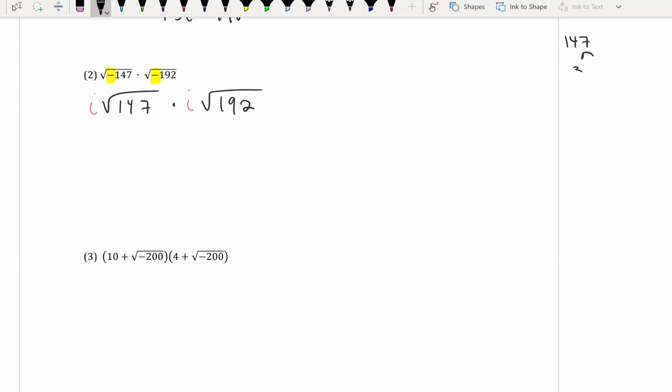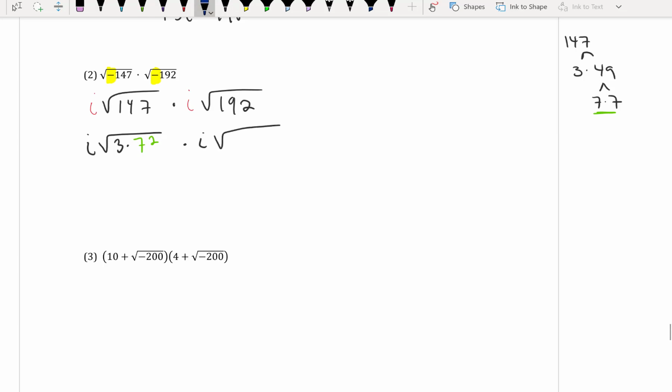Well, I know that 3 times 49 is 147, and 49 is 7 times 7. So I can rewrite this as i, and now I have on the inside 3 times my 7 squared, because I have 2 7s here, being multiplied by my i.